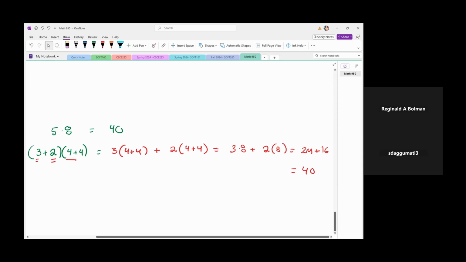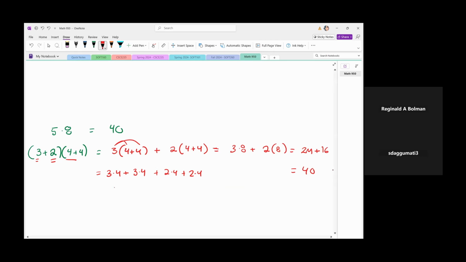Now, as it turns out, if we backed up to this second operation here, where you have the 3 times 4 plus 4 and the 2 times 4 plus 4, another way we might have worked through this problem would be to use the distribution law at this point in time. So you'd have 3 times 4 plus 3 times 4 plus 2 times 4 plus 2 times 4, and realize that the distribution law is going to work out, because at the end of the day, whether we had added these terms inside of the parentheses first, or whether you had distributed and then added, that's going to be exactly the same thing.